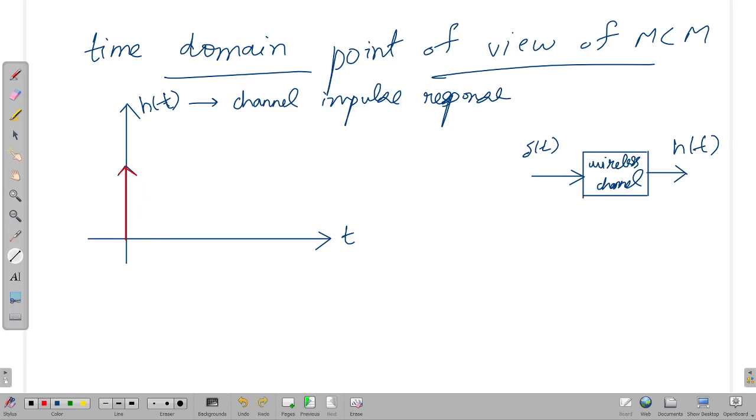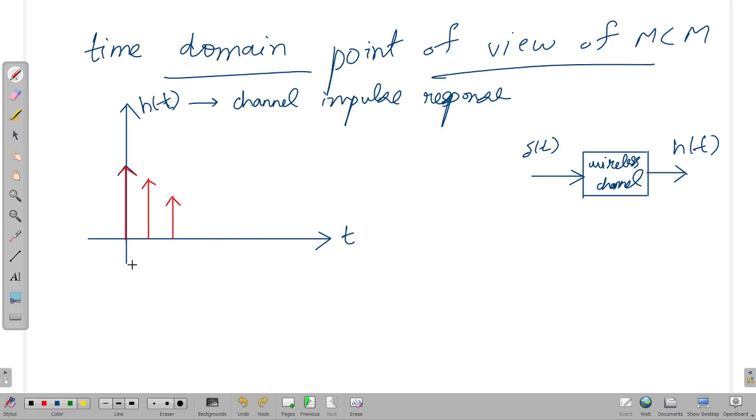All this is due to the multipath effect, and then the third signal copy. You may have a number of copies after this, but you neglect all those because their signal power is very less, so those copies are ignored.